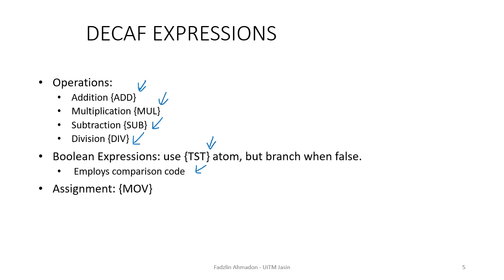This grammar can also do an assignment operation where you pass values into identifiers, and it uses move atom. So the name of this grammar is called decaf grammar, and this is a play on words because the Java programming language is also the name of a type of coffee.